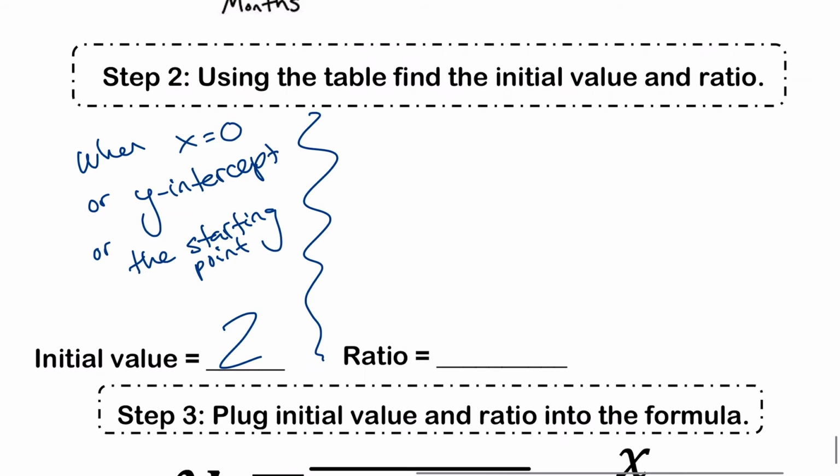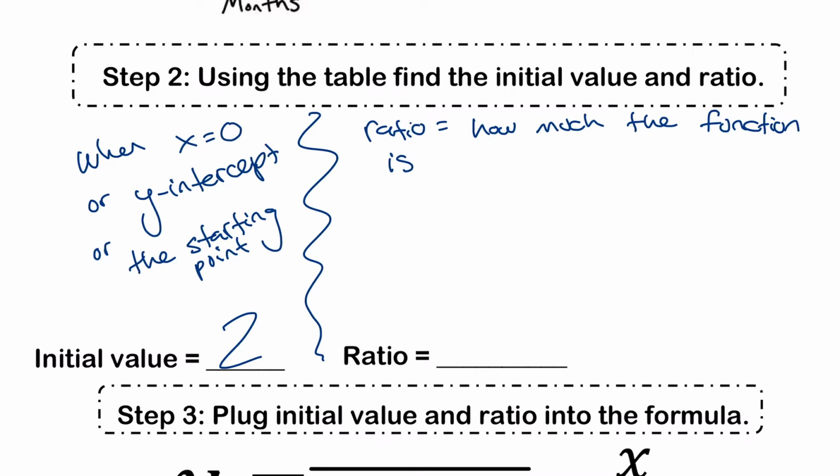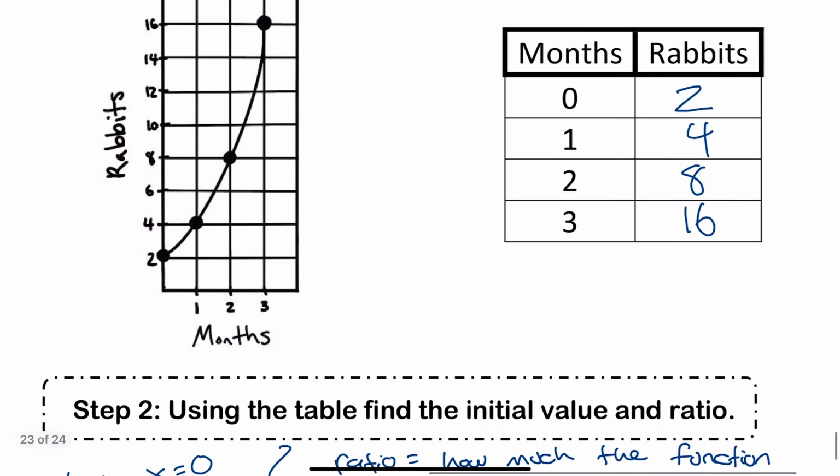Let's look at the ratio next. A ratio in our case is going to be how much the function is multiplied by every step. So we just need to figure out, looking at our table, how much it's increasing by every month.